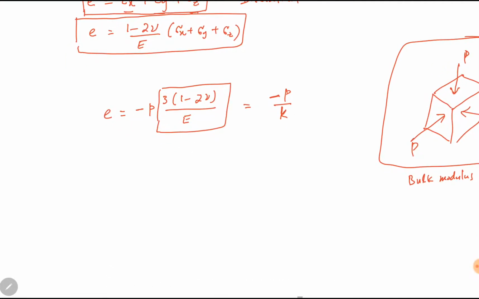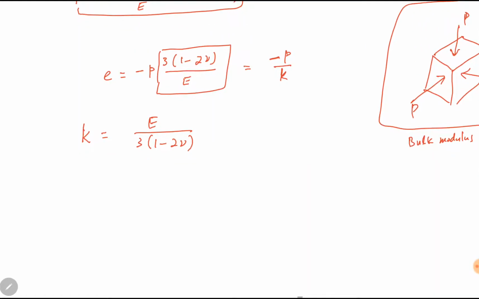If K, which is equal to E over 3 into (1 minus 2 nu), is kept positive, it means 1 minus 2 nu should be positive, should be greater than 0, because E is already positive and 3 is a positive multiple. So 1 minus 2 nu should be positive.